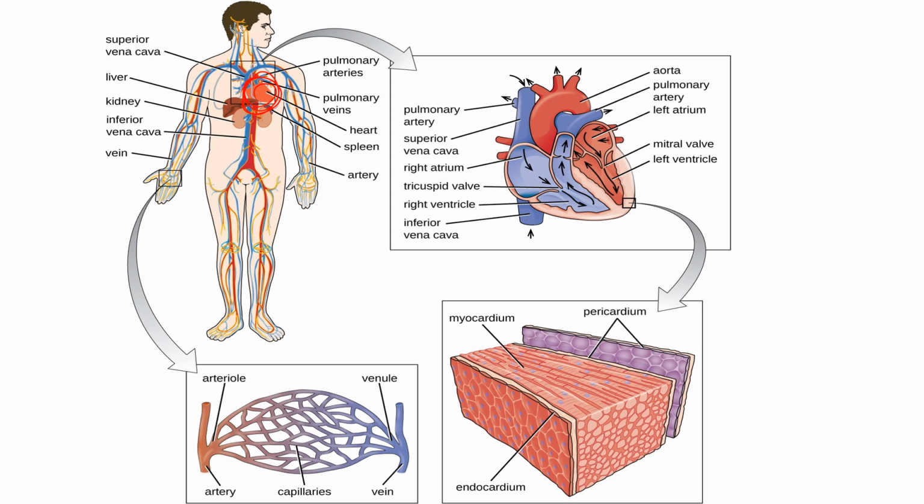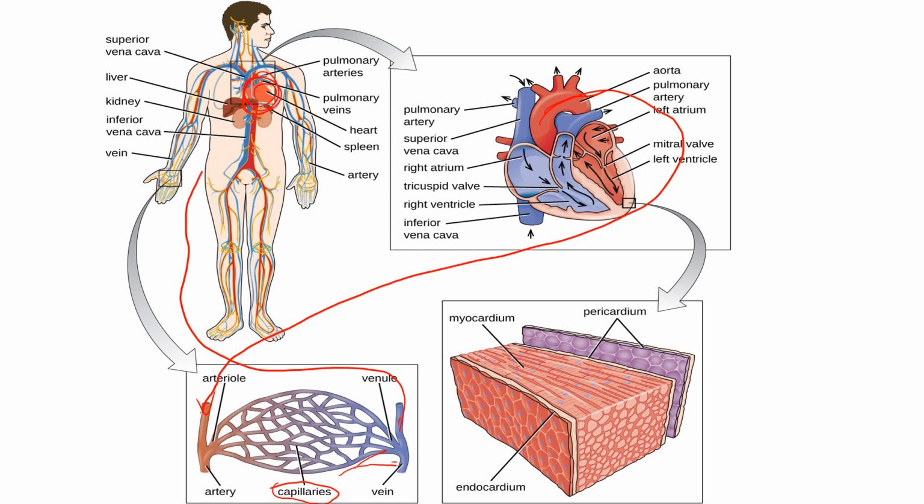And from the heart, out the aorta, it's going to go into smaller arteries or arterioles, into capillaries, into the veins, basically venules, then veins, and from the veins, it's coming back to the heart. Let's go in this vena cava, back to the heart.